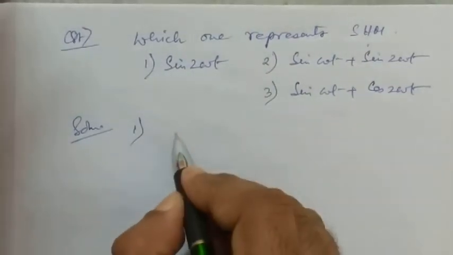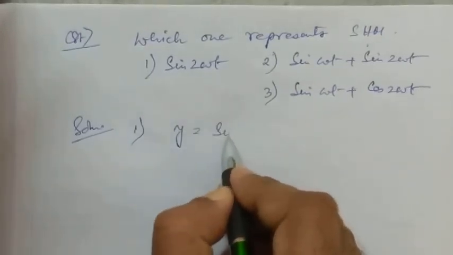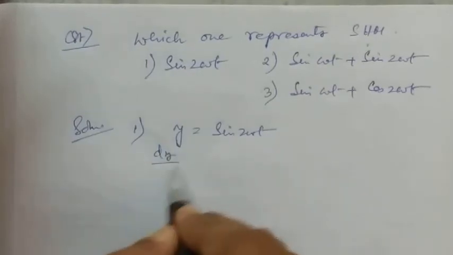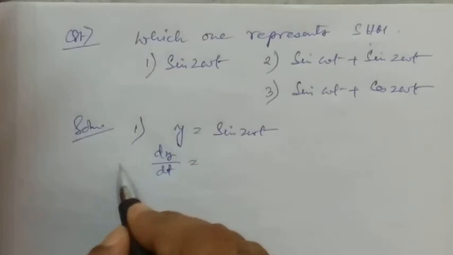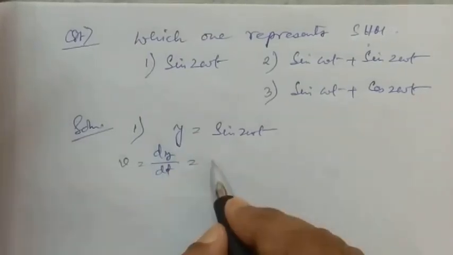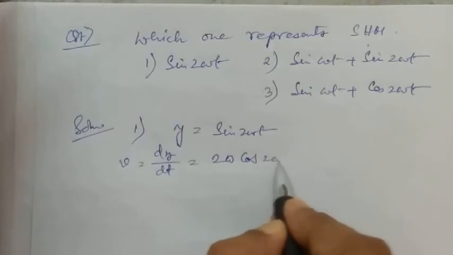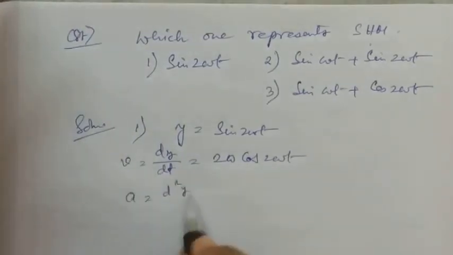The first one is, we can take y is equal to sine 2 omega t. So dy by dt, or we can write v also here, is 2 omega cos 2 omega t. Acceleration is d square y by dt square.